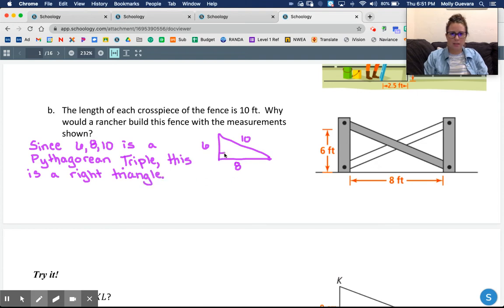So that tells me that this is 90 degrees, and then this is also 90 degrees.